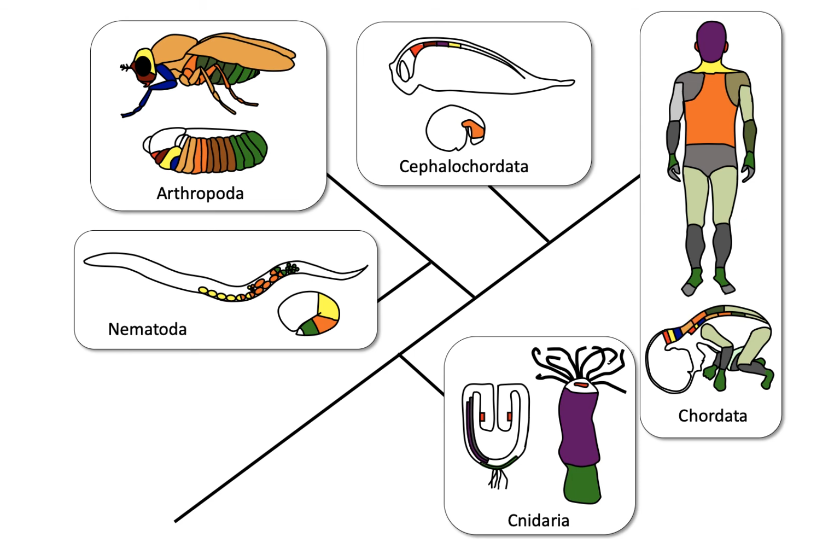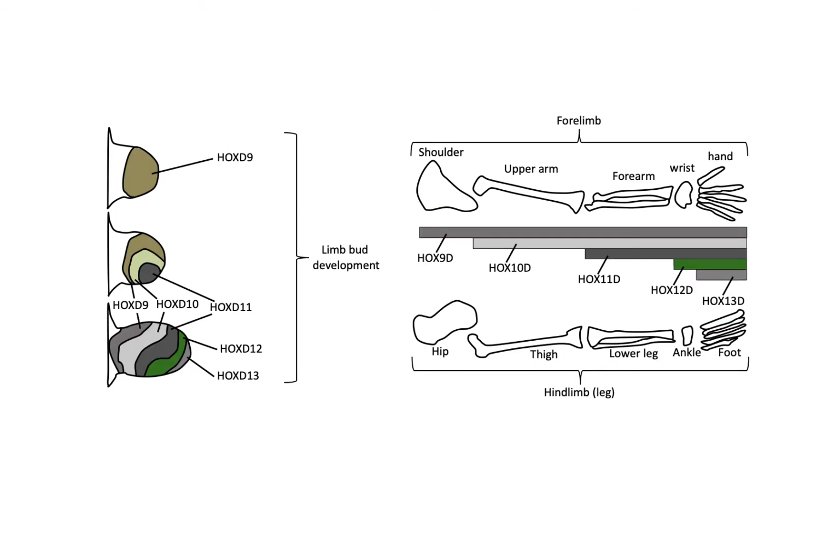And sometimes I'm saying Hox genes when I really mean the Hox proteins from the Hox genes. So it's really the Hox proteins that are acting as transcription factors to turn on or sometimes to turn off particular genes. So here's one example of limb development in a mouse.